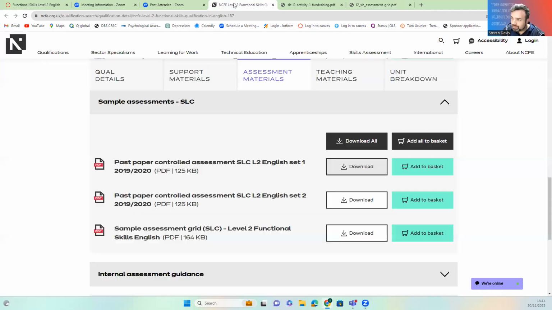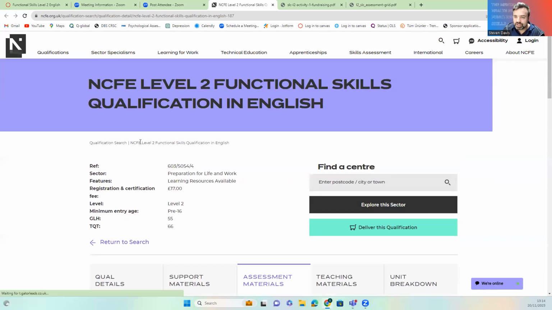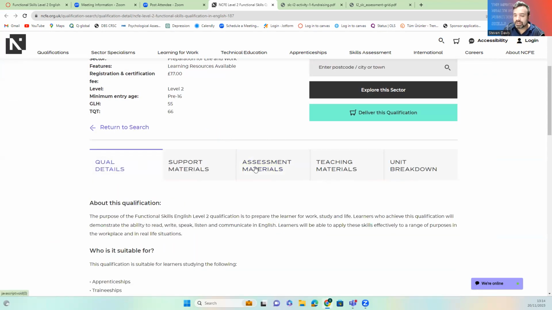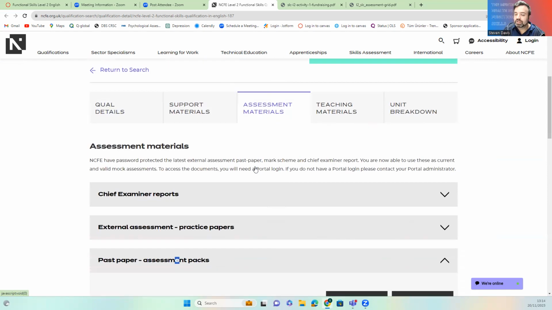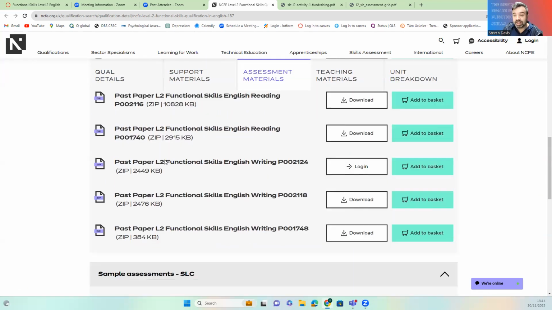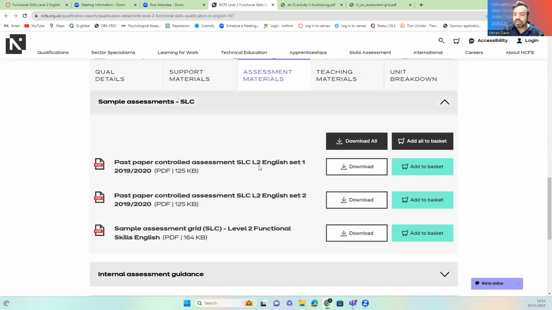So here it tells you quite clearly what I need to see. Now, if you want to know more, you can simply go onto the NCFE's website, Functional Skills Level 2. You go to Assessment Materials. You go to Past Papers. And then if you go down to Speaking and Listening, you can see you've got the assessment grid.